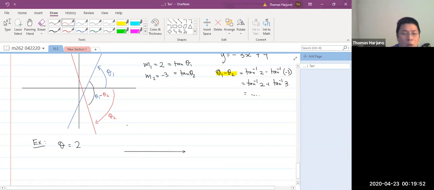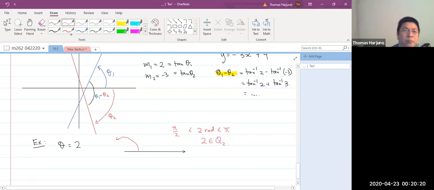The angle will be 2 radians, not 2 degrees, 2 radians. Two radians is more than pi over 2, but less than pi. That's why we know that 2 is in quadrant 2.